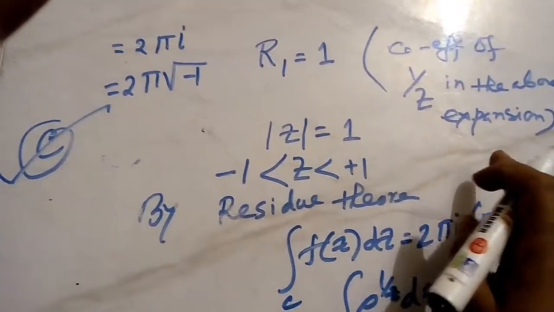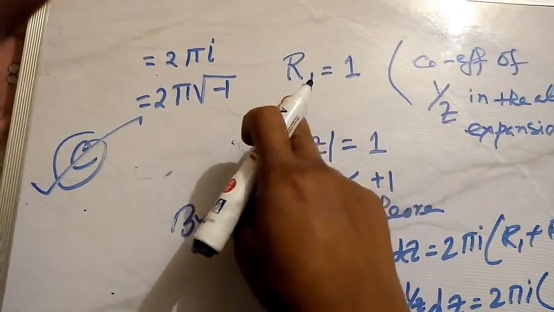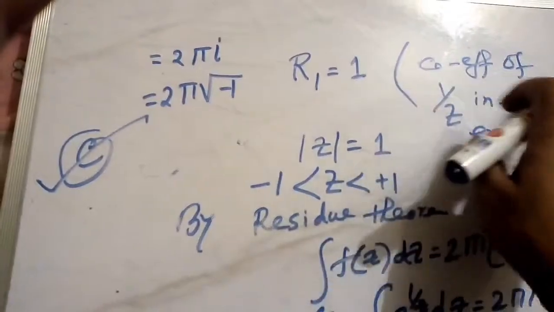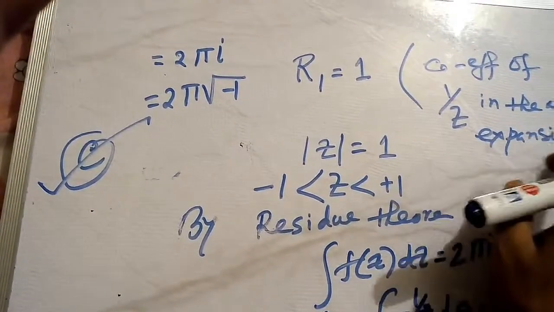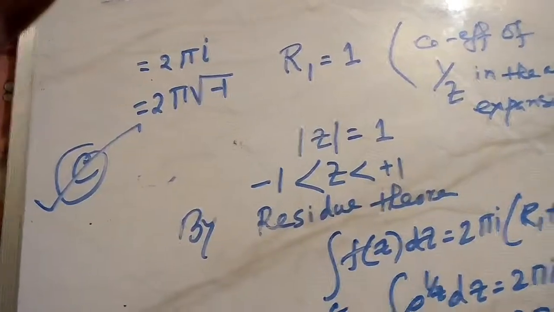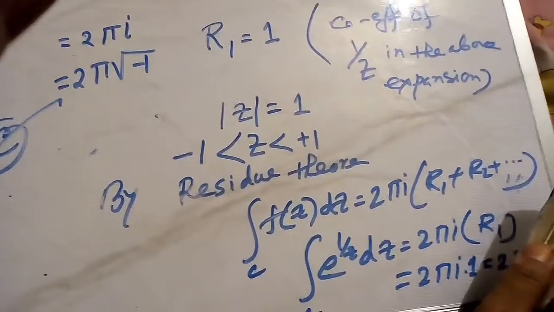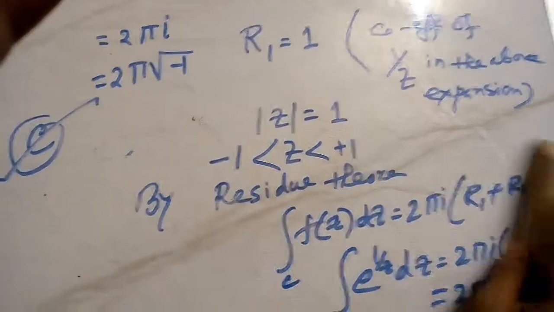If you ask me why we choose residue 1, why we choose the coefficient of 1 by z as the residue, I think the math is clear up to this mark.